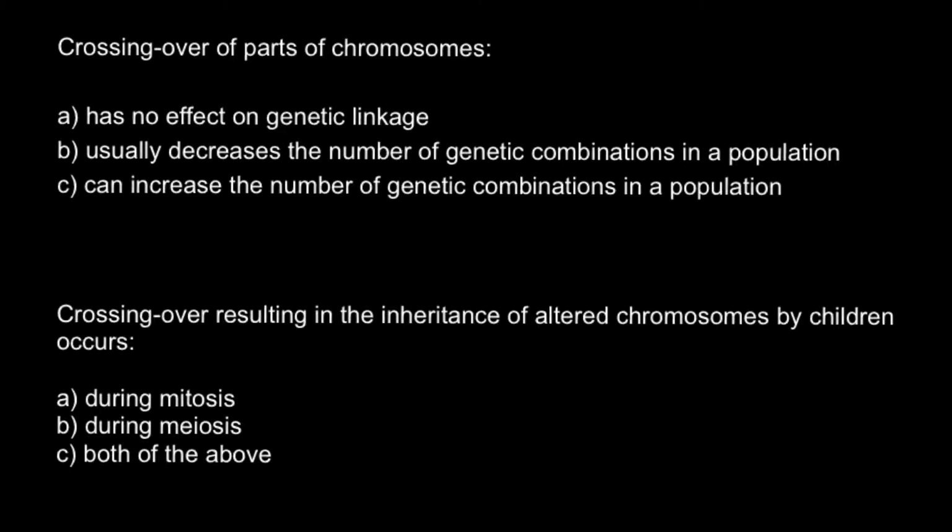And imagine that we have two sister chromatids here, and here would be centromere, and we also have another pair of sister chromatids here, and centromere also would be here, and these two chromosomes would be homologous chromosomes.